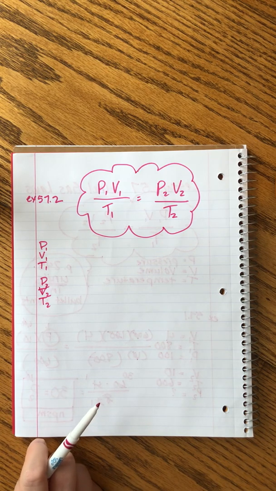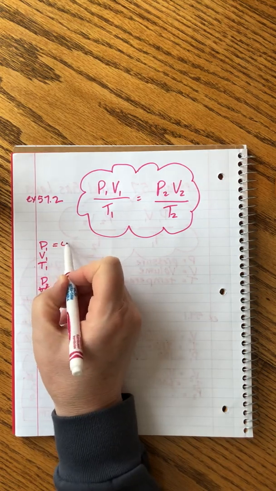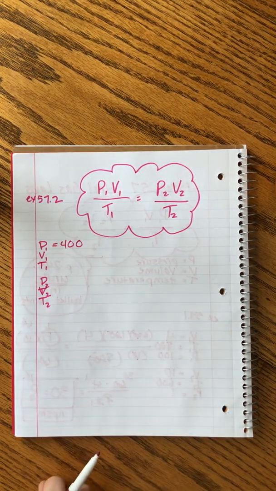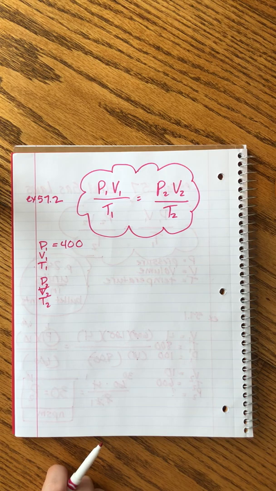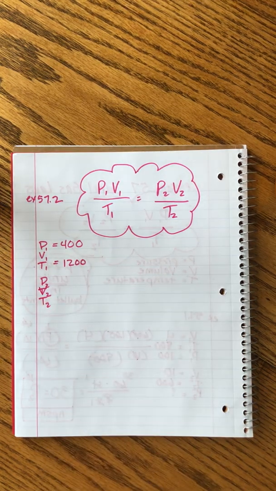Okay, the initial pressure of a quantity of an ideal gas was 400 newtons per square meter. Okay, so pressure 400, that's what I took out of that sentence. And the initial temperature was 1,200 kelvins. The volume was held constant.